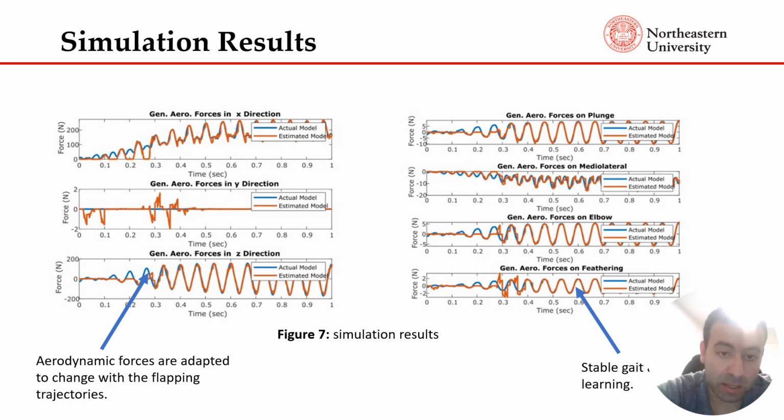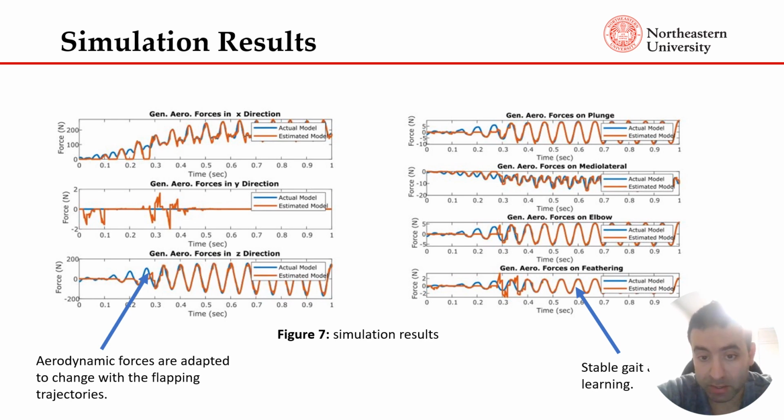The left-hand side presents the aerodynamic forces acting in the XYZ direction of the robot, and the right-hand side presents the aerodynamic forces acting on the 4 joint angles of the left wing. These results represent testing of the robot when it's in different flapping gaits.